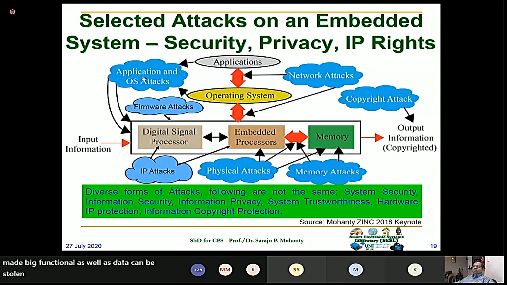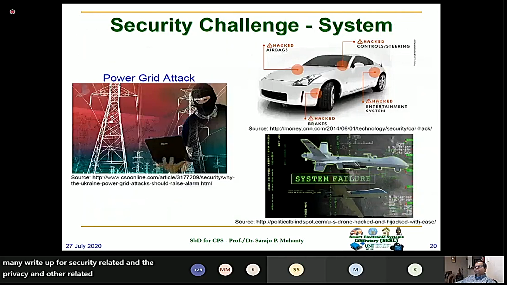Then there is a variety of network and other attacks that we are aware of. So with the help of a hypothetical embedded device, you can see how many varieties of security, privacy and other related attacks can happen.